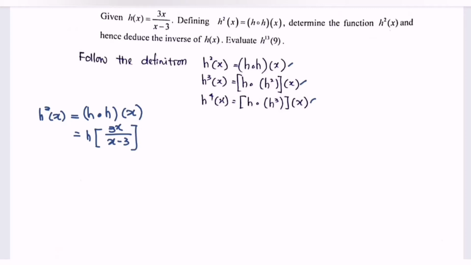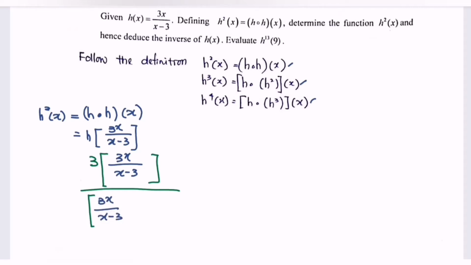So here we have 3 bracket the function h, which is 3x over x minus 3, over, we can see that we have the x, which is the function 3x over x minus 3, minus with the 3.